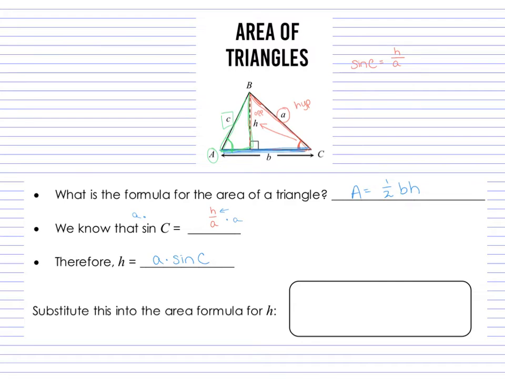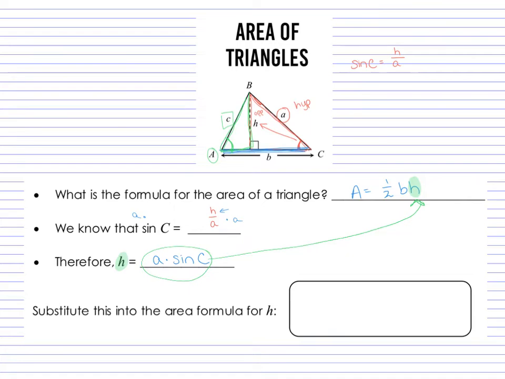Okay, so now we're going to put this all together. In the original equation, we said the area is 1/2 the base times the height. We're going to substitute this whole formula in for H. And I'm going to rearrange it so that I can fill it in this box in the way that's going to be easiest to remember.